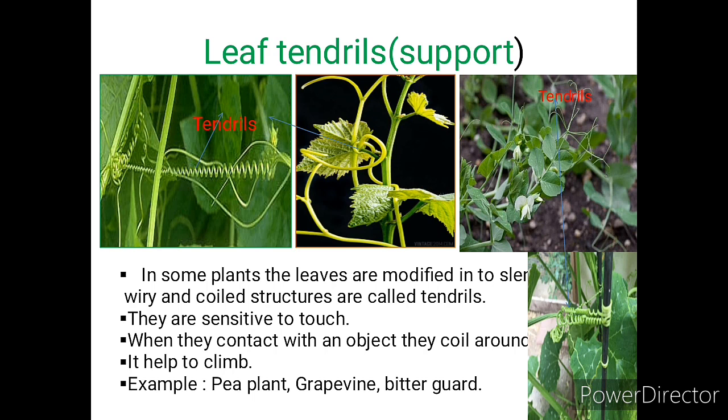Otherwise, since they have a weak stem, they would be lying on the ground. Some examples of leaf tendrils can be seen in grapevine and pea plants.